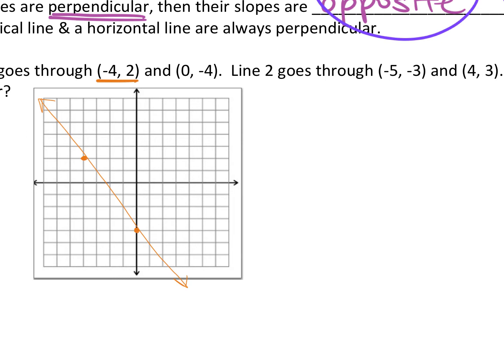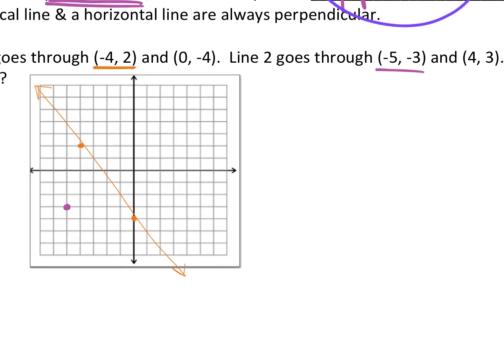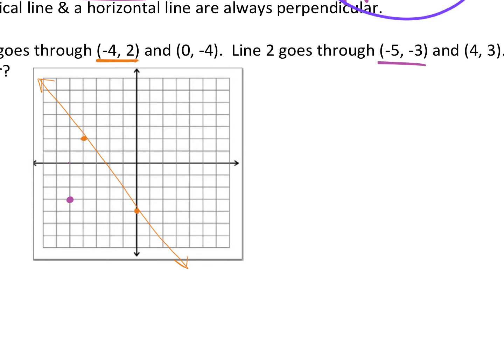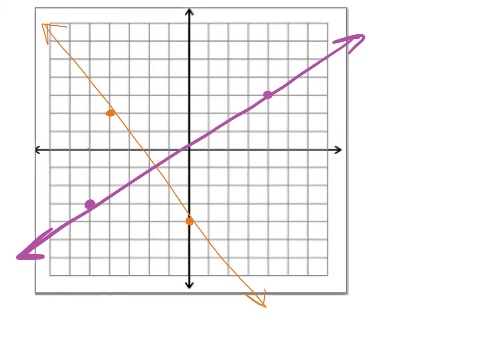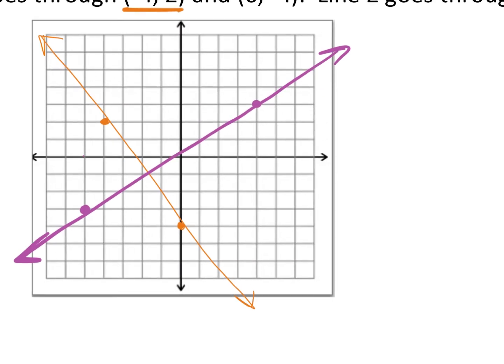Our second line is -5, -3. 1, 2, 3, 4, 5. 1, 2, 3. And 4, 3. 1, 2, 3, 4. 1, 2, 3. Let's see how close I can get. Oh, so bad. Better. Okay, so your graph should look like that.